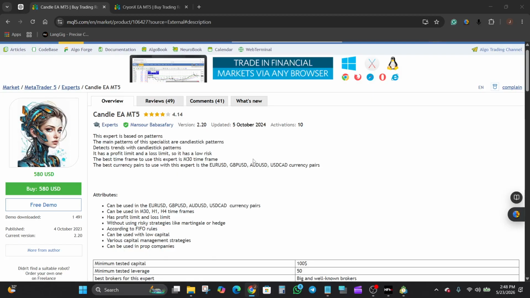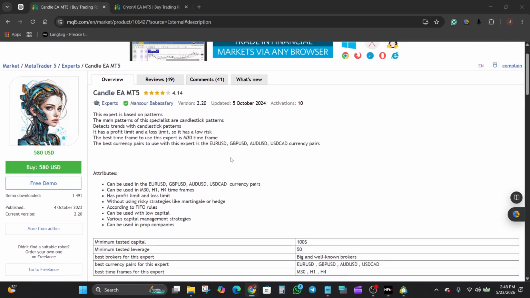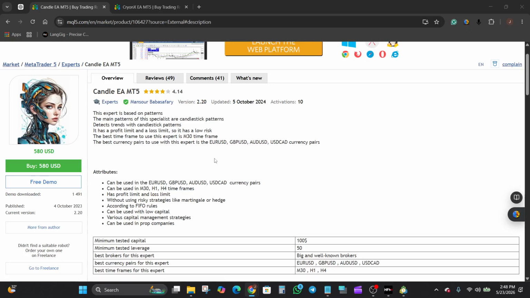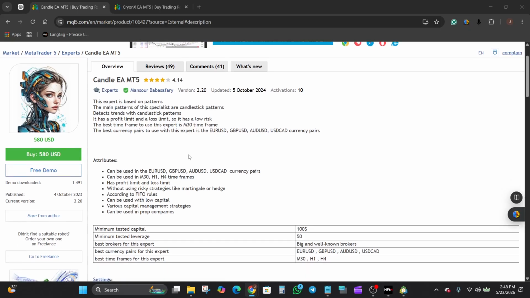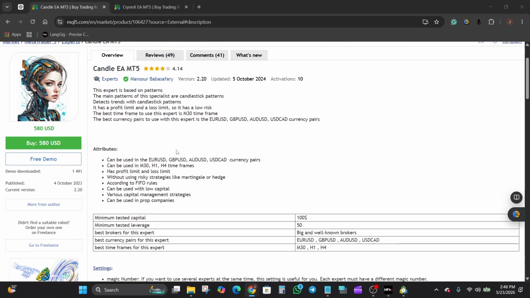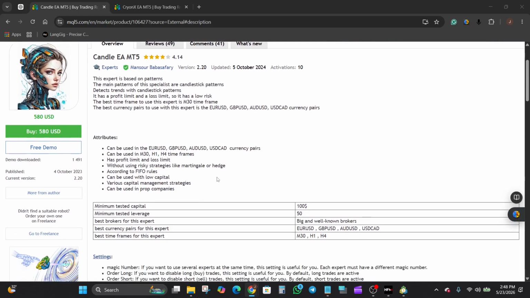It also shows a rating of 4.14 with a limited number of activations, which gives a bit of context on its usage level.